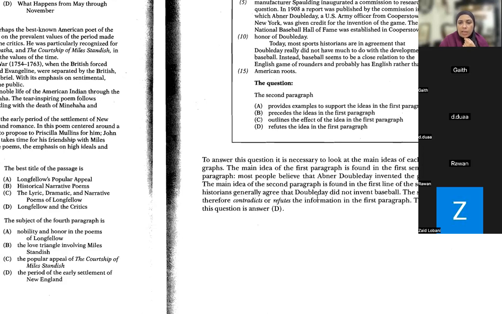Historians generally agree that Doubleday did not invent baseball. So he didn't, they say. The second paragraph therefore contradicts. لذلك الفقرة الثانية بتعارض, or كلمة ثانية لكلمة contradicts, refutes. اعرفوا the meanings of these words, all right? The information in the first paragraph, the best answer then is D. Okay? Are you all with me on this?